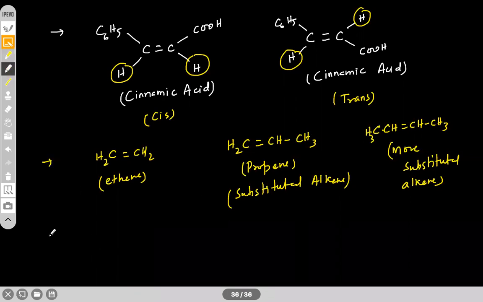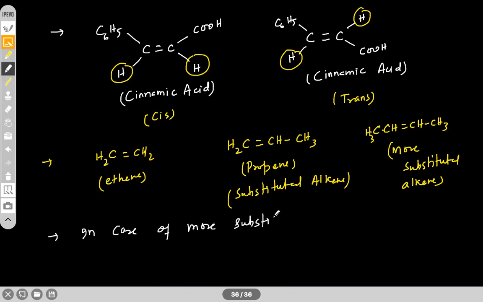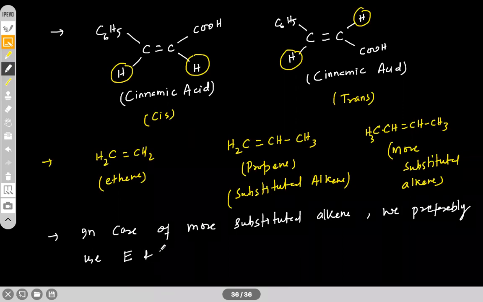So write down, in case of more substituted alkene, we preferably use the E and Z system of nomenclature.